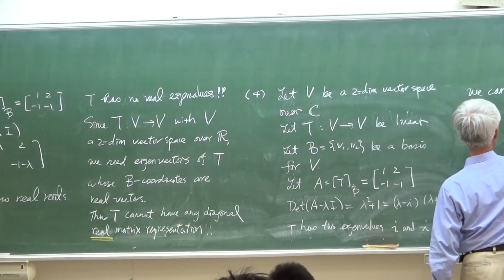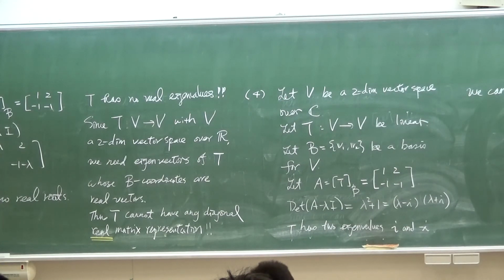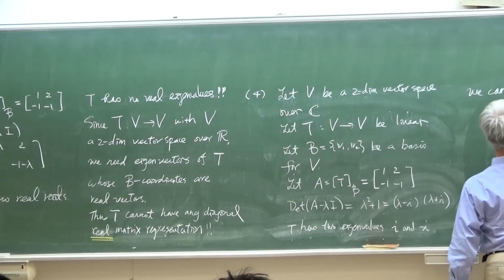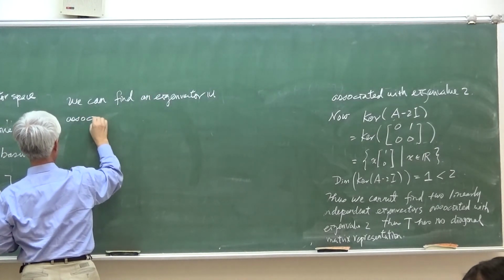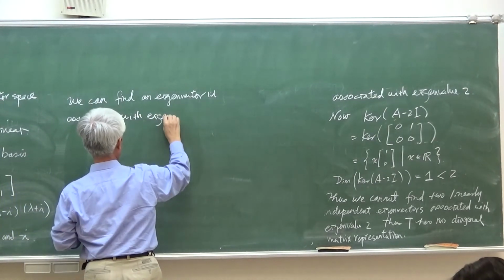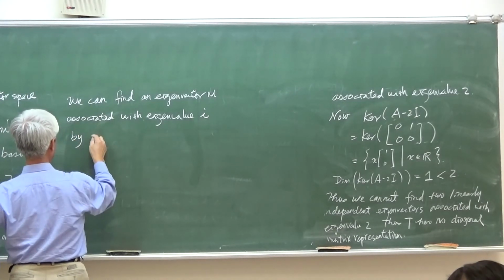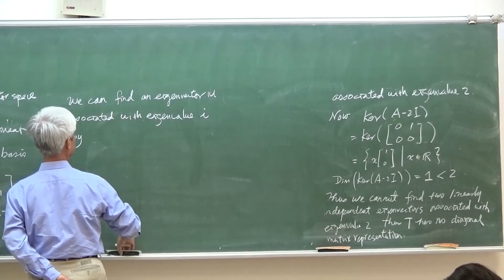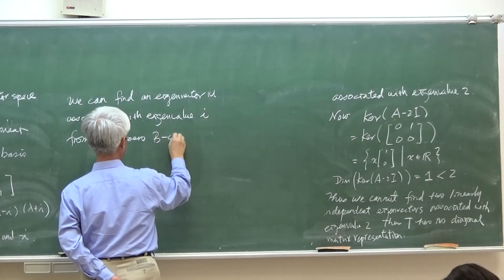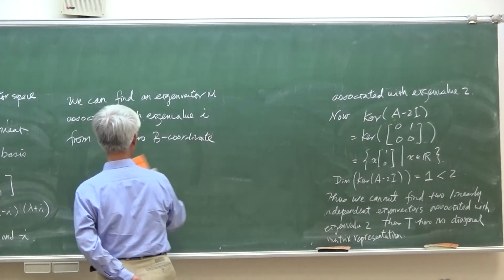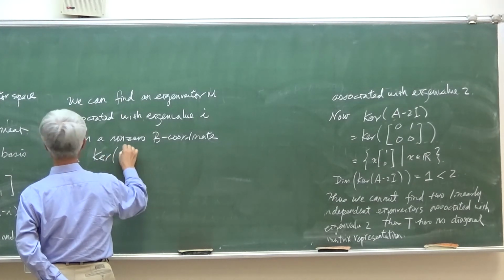We can find an eigenvector U using a non-zero vector in the kernel of A minus iI.